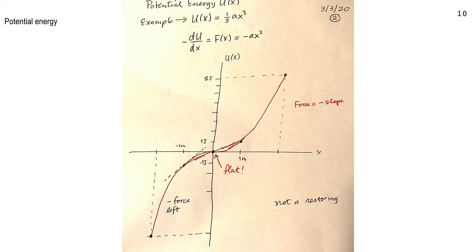Now, what's the value going to be here for U of minus 1? Negative 1 joules, because this is a third order polynomial. So if x is minus 1, then x to the 3rd is minus 1. And so we better extend this downward here a little bit. All right. Try to eyeball this in.